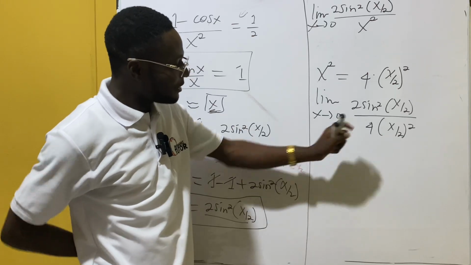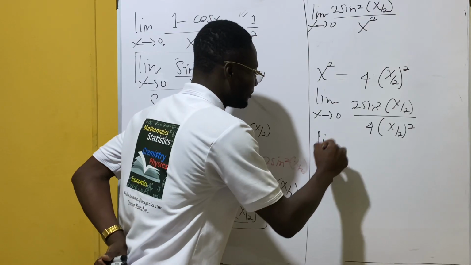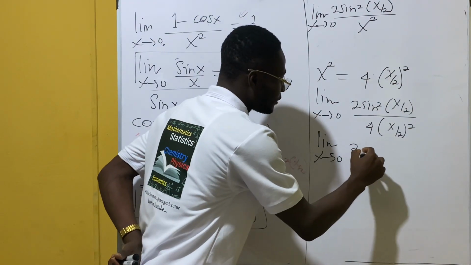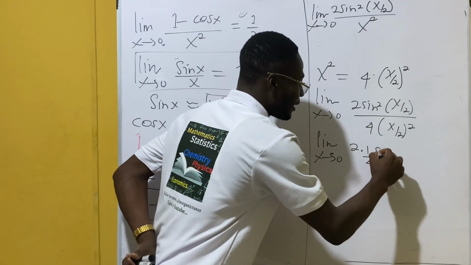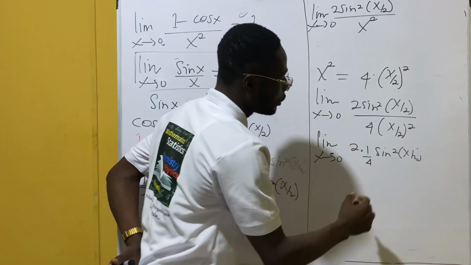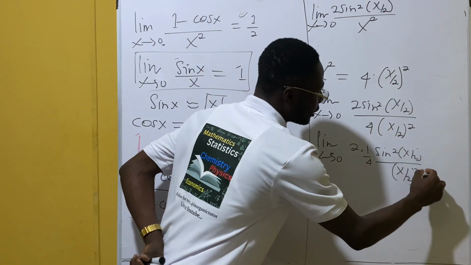We can see clearly that this is the limit as x approaches 0 of 2 times 1 on 4, times sin squared of x on 2 all over x on 2 all squared.